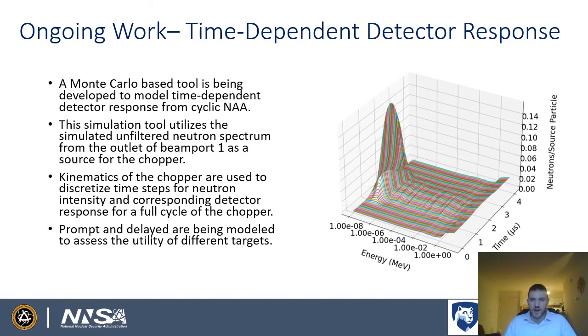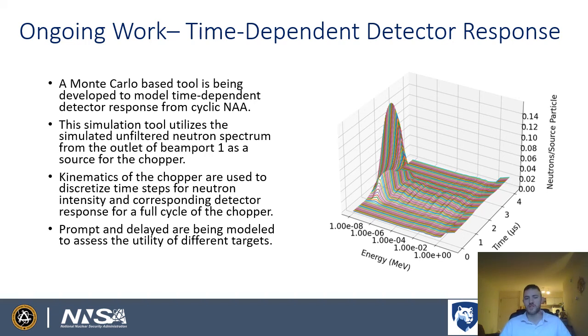Another area of work is time-dependent detector response. We're using Monte Carlo simulations to develop a time-dependent detector response to the cyclic neutron activation analysis. This simulation tool utilizes the unfiltered neutron spectrum as a source for MCNP simulations, and it uses this in the neutron chopper itself.